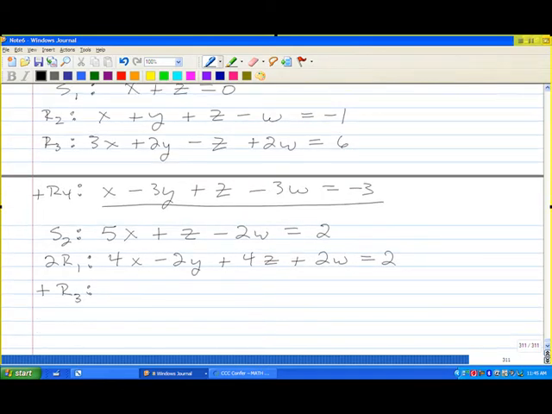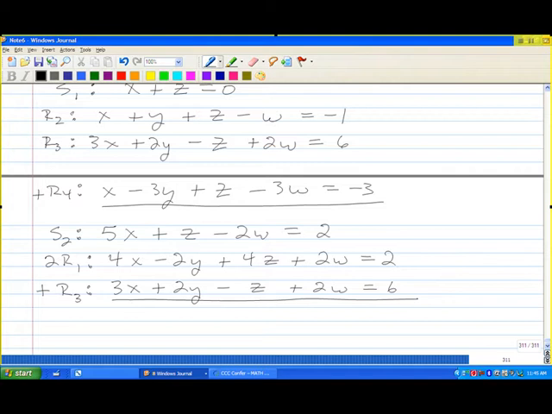Let's do R3, which is 3x plus 2y minus z plus 2w equals 6.